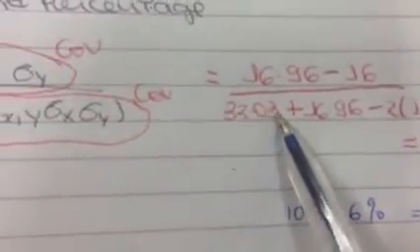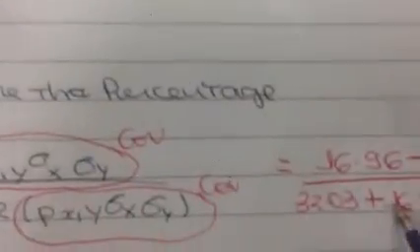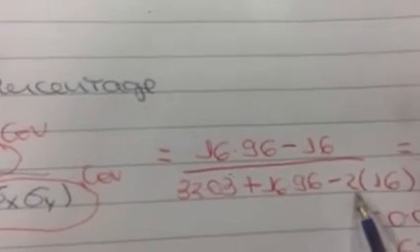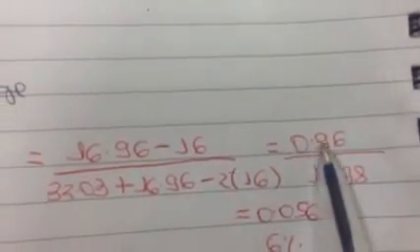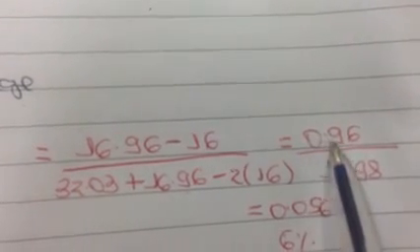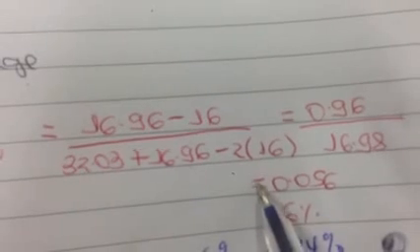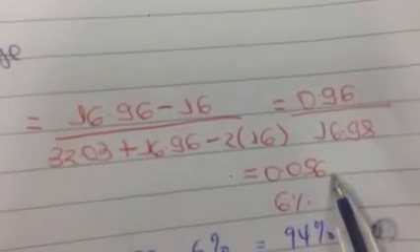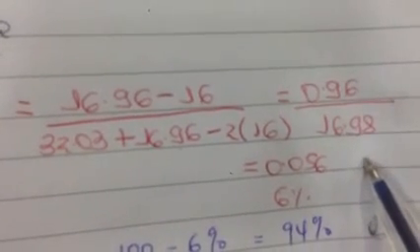And then at the base as well, so it will be 5.66 squared, and then plus 4.118 squared, minus 2 into bracket the covariance. And that gives you this figure here. So that would be 0.96 divided by 16.98. And that gives you 0.056, which is the same as 5.6%.